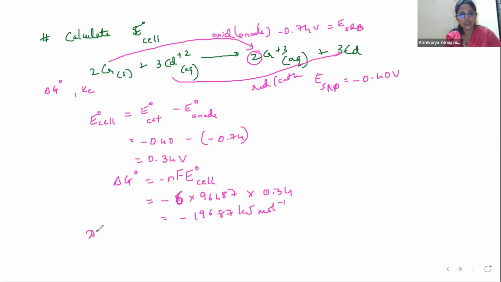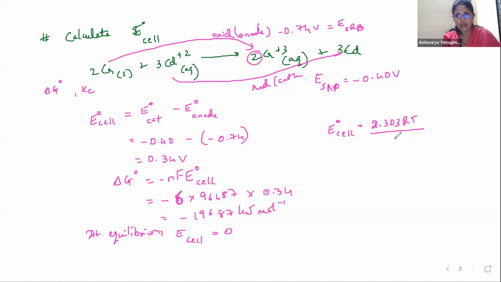Third one is Kc. See, at equilibrium, what is E cell? E cell value at equilibrium is 0. So use the formula. E cell is equal to 0, so E naught cell I shift here. 2.303 RT by NF log Kc, because I want to find the equilibrium constant.